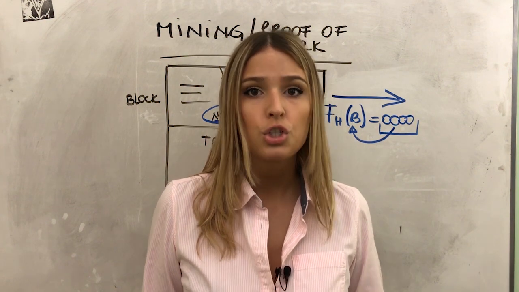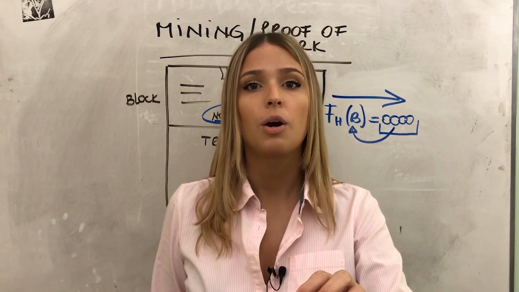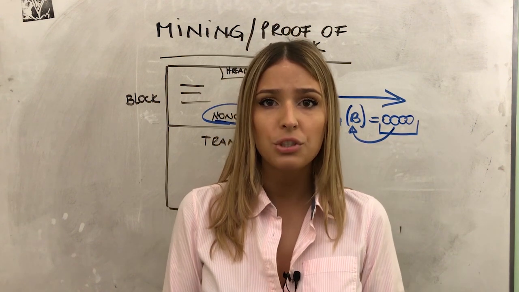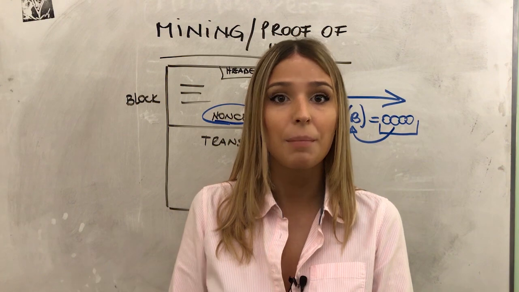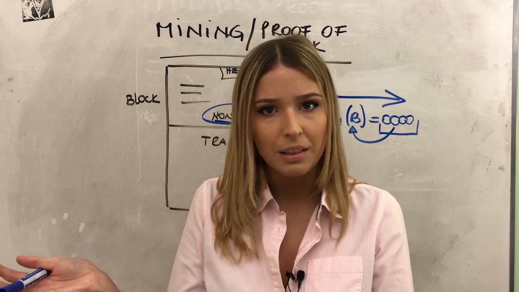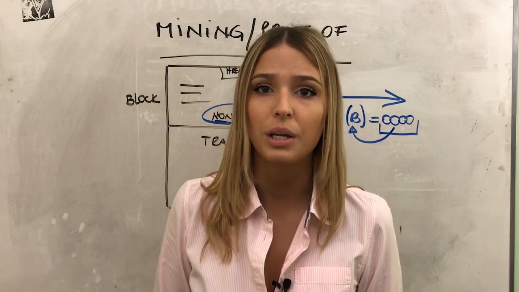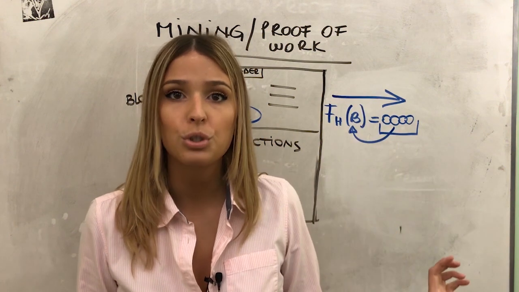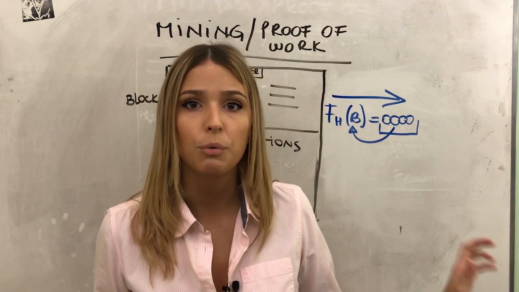All right? So when a miner wins the competition and closes one block, that information is propagated to the system. Those transactions are confirmed now, and everybody knows what's going on. And that's it. That is the first approach to the mining and proof of work process.